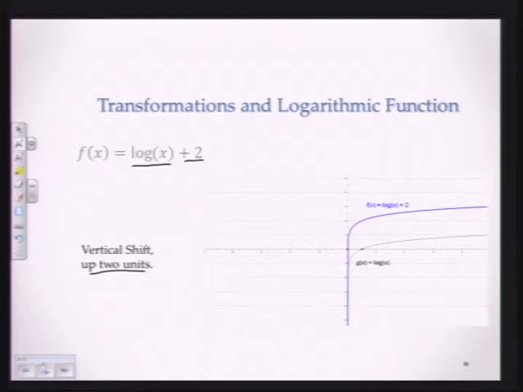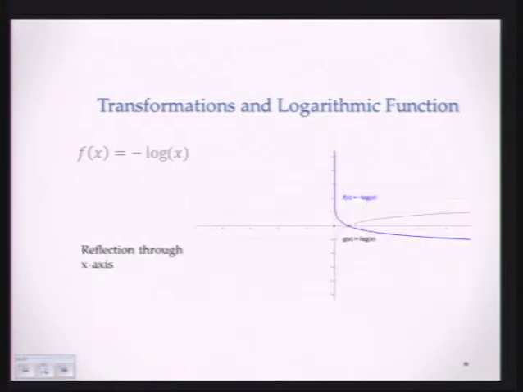And so we have our original graph right here, g of x equals the common log of x, and we have raised it by 2 units. And so our point, which is 1, 0, now becomes the point 1, 2, shifting up 2. And that's true for each one of these points. On our graph, it shifted up 2 units.